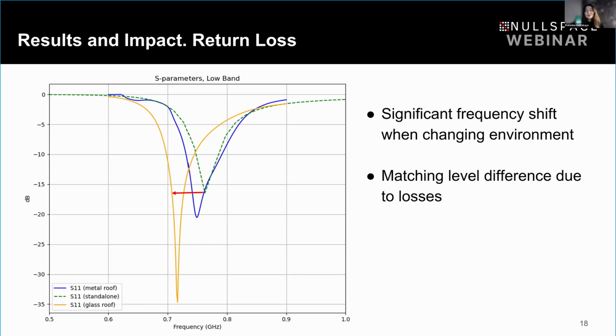Yeah, exactly. I also want to emphasize one more time that it's okay to have this frequency shift if you predict it, if you know that it's there, right? And you design with this in mind. But if it's a surprise, if it's something that you only discover in the prototype phase when you already have your antenna prototype, that is not a good situation, because then you need to either tune your antenna manually, and sometimes that's possible if you have a matching network, but sometimes it's not possible because you don't have any tuning possibilities.